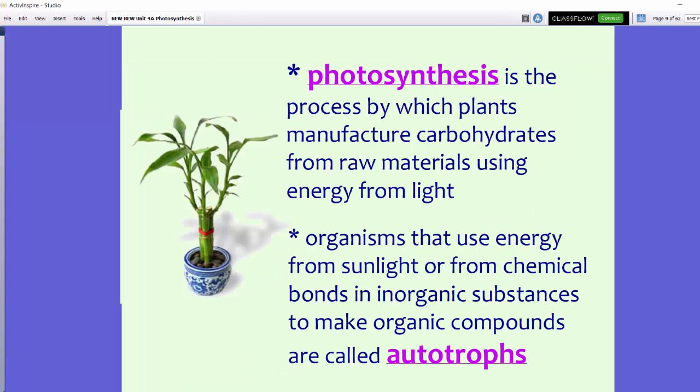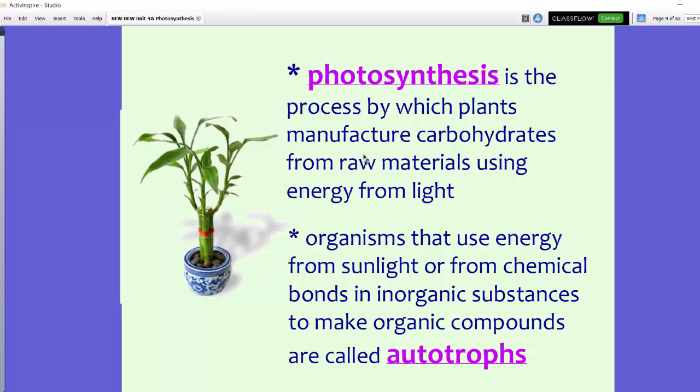Now, photosynthesis is the process that plants go through in order to make glucose, to manufacture those carbohydrates. Photosynthesis is the process by which plants manufacture carbohydrates from raw materials using energy from sunlight. We've already discussed that the carbohydrate is glucose, and these raw materials are those inorganic substances such as carbon dioxide and water.